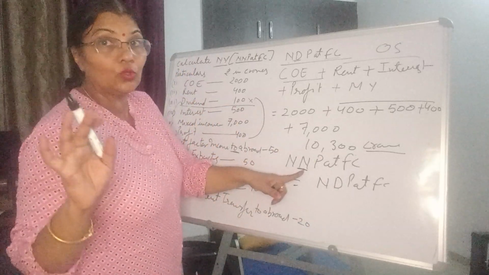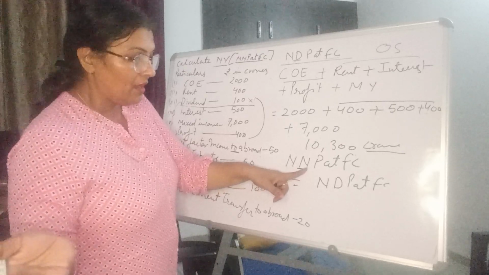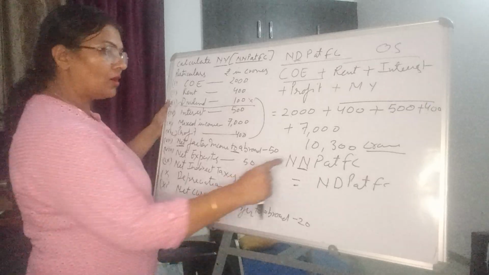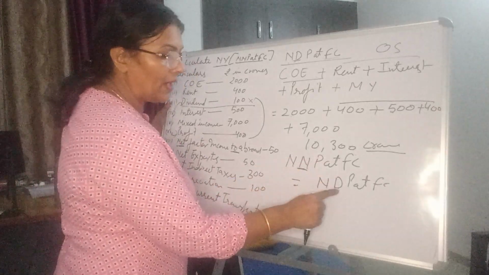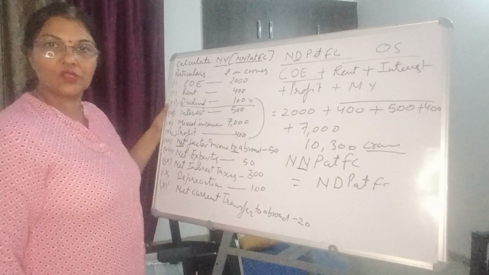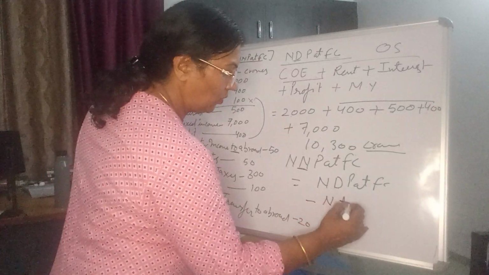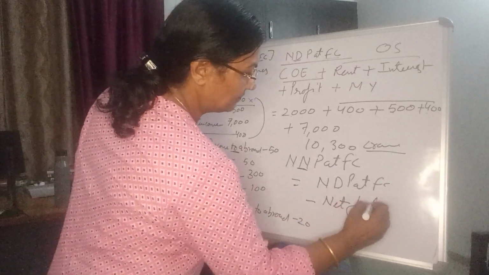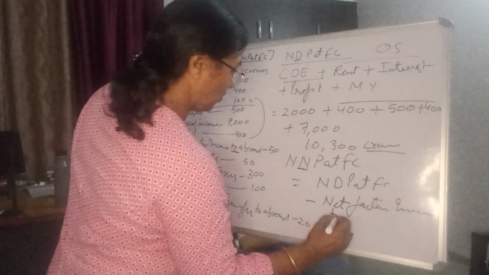National does not include net factor income to abroad. This is the payment to non-residents, and non-resident income is not included in national. It should not be included in national, while it is included in domestic. So what are we supposed to do? We are supposed to deduct the net factor income to abroad.